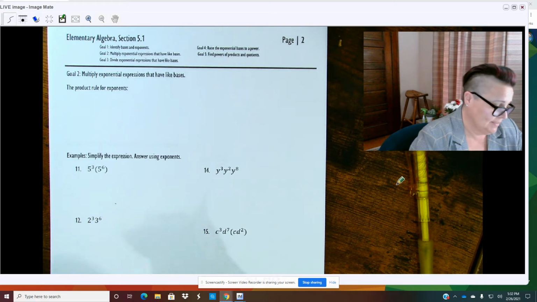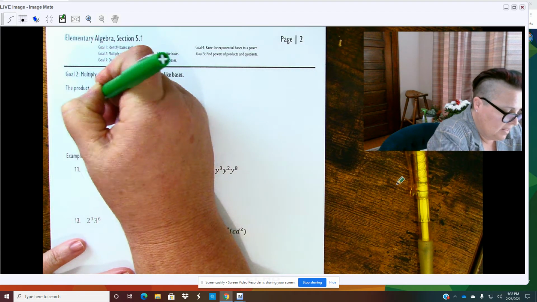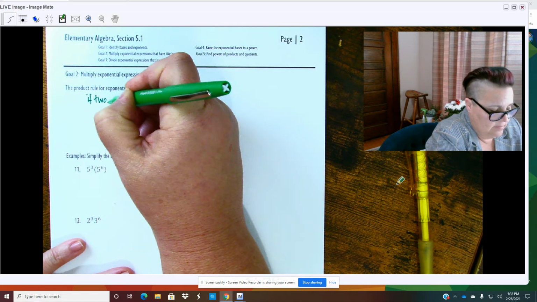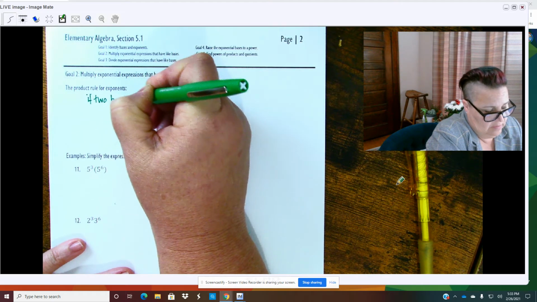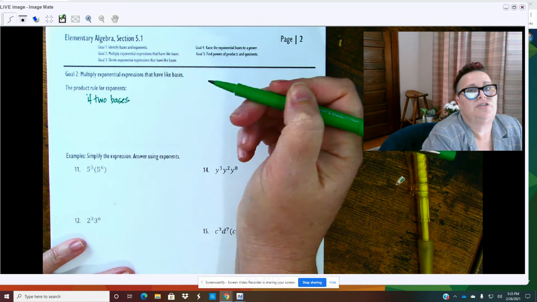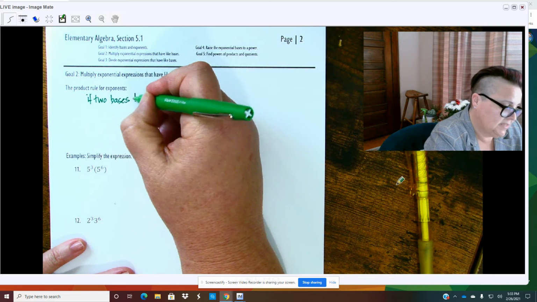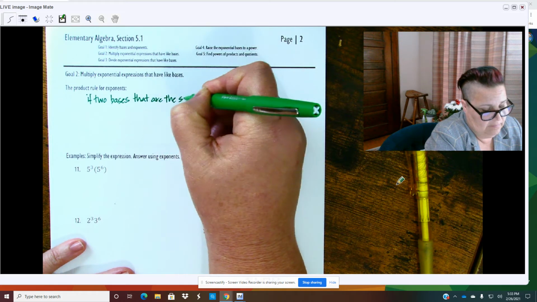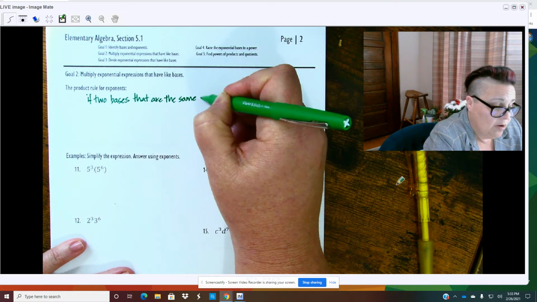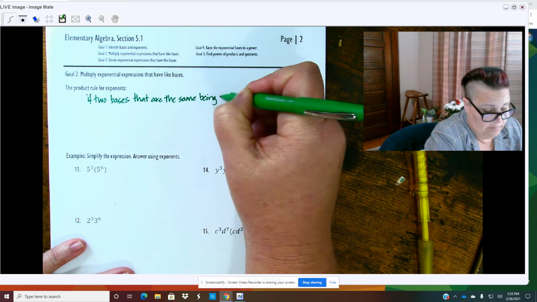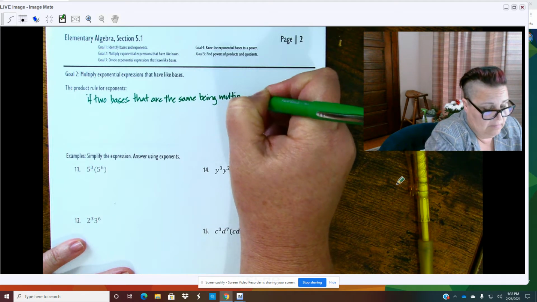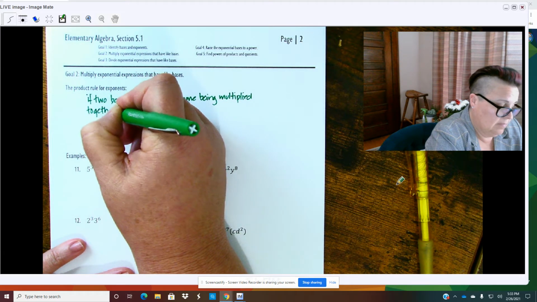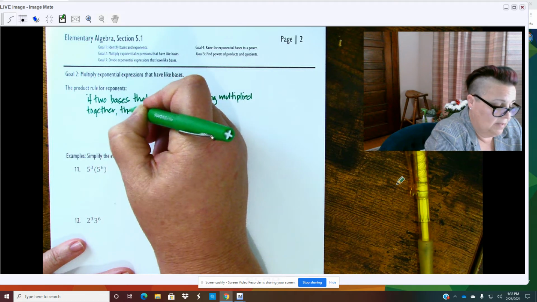And it says, if you have two like bases, well, we'll just say two bases that are the same, and they are being multiplied together, the exponents can be added.